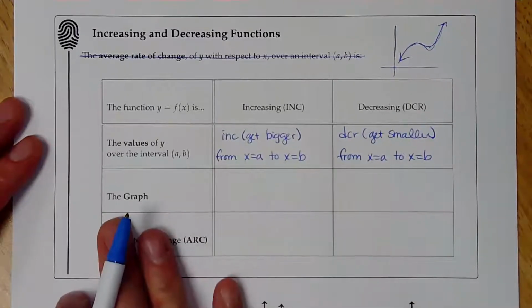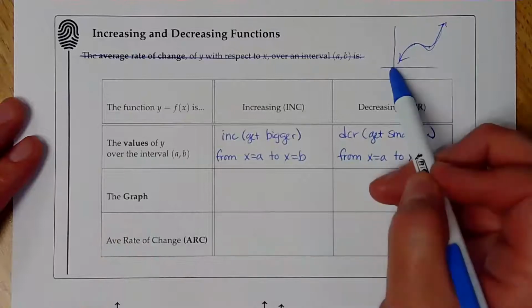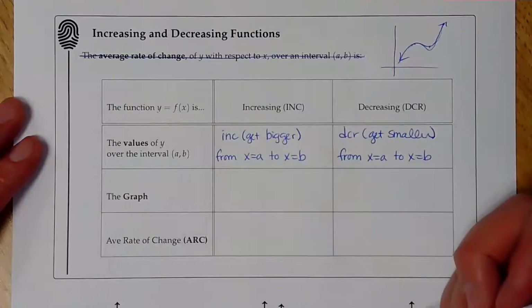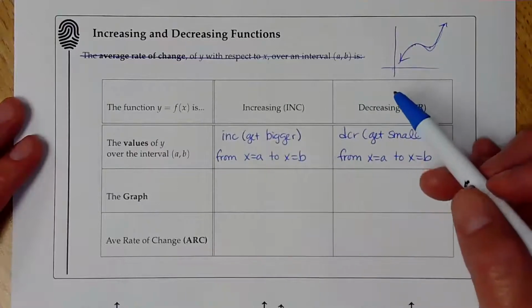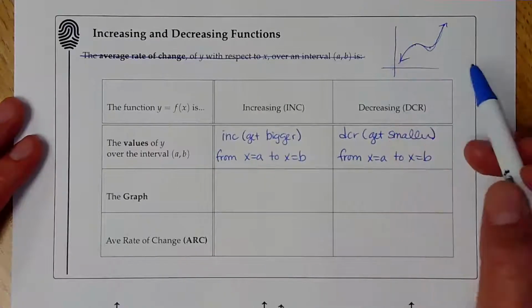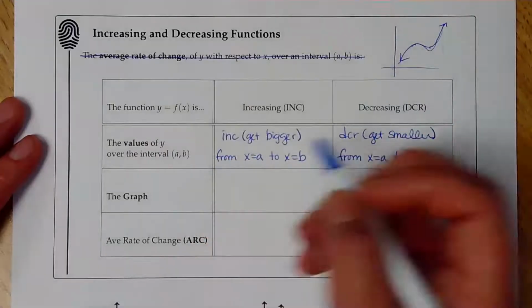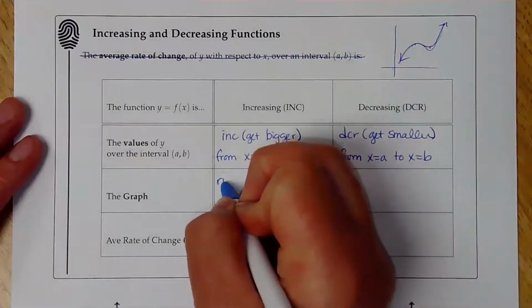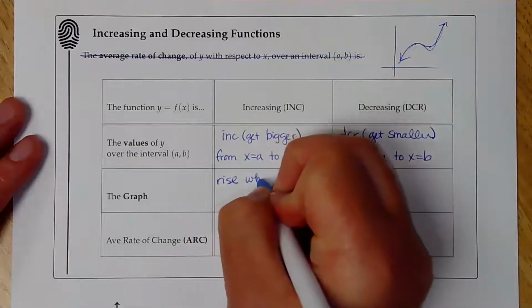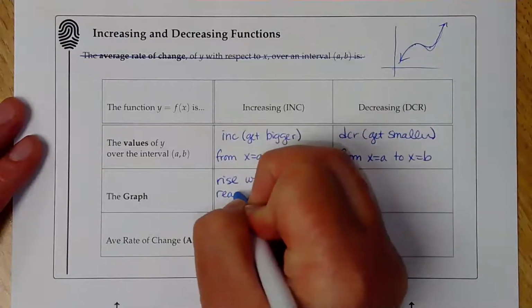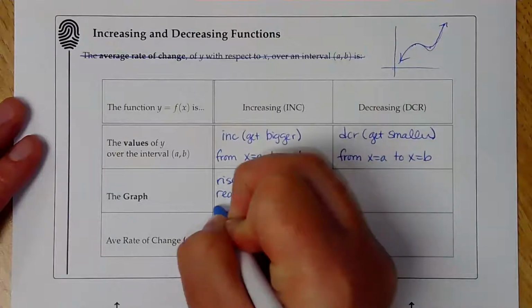The graph, and we always read our graphs from left to right, and we have some examples down at the bottom of the page, and I'll be sure to point out why I'm making a big deal about saying that we're going to read our graph from left to right. So the graph, our picture here, is going to rise or grow or increase when we read our graph from left to right.